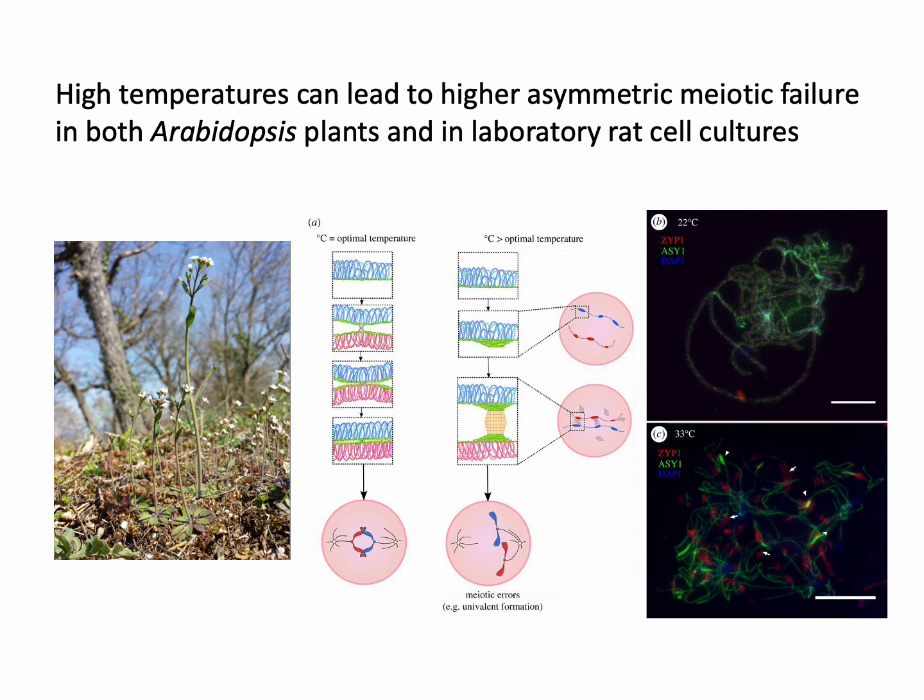So this is just some area of research that's still pretty modern, but there seems to be a pretty strong relationship between temperatures, body temperatures in both plants as well as in mammalian cells under certain conditions, and the likelihood of error during meiosis.